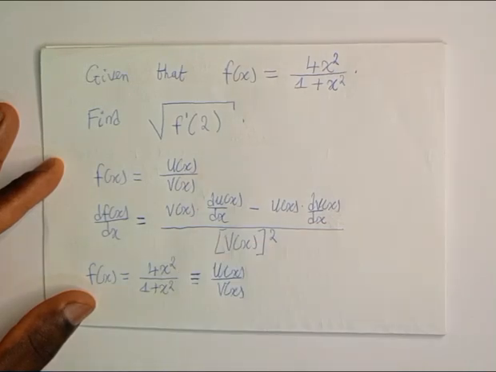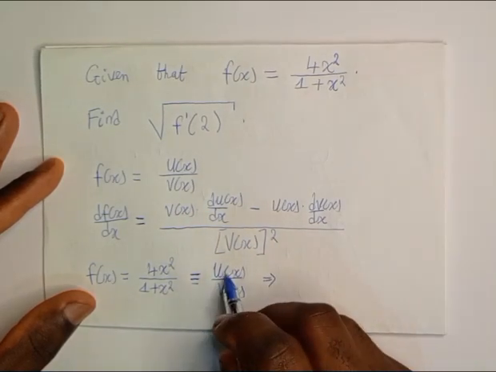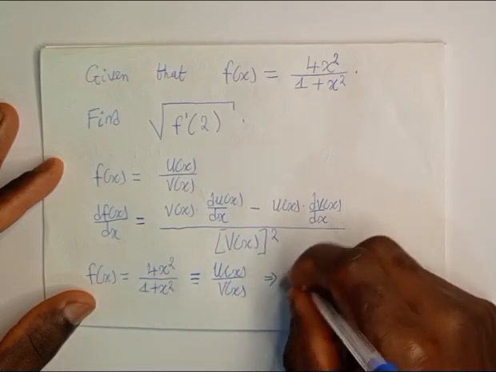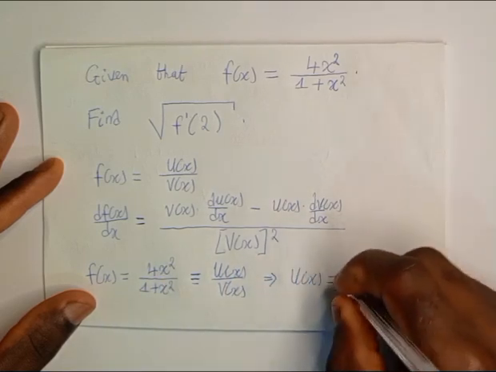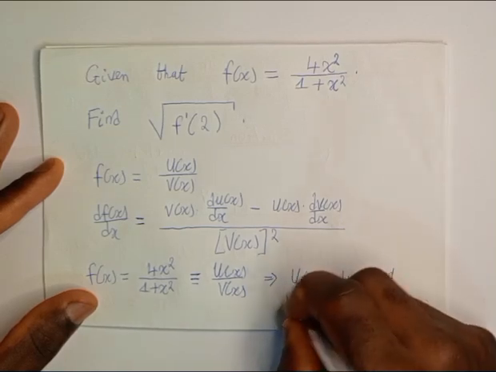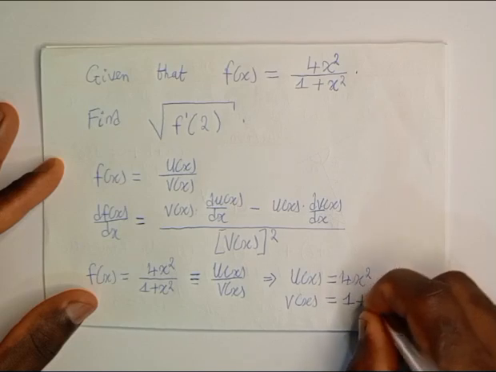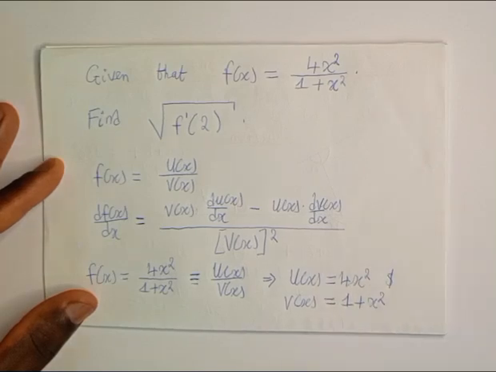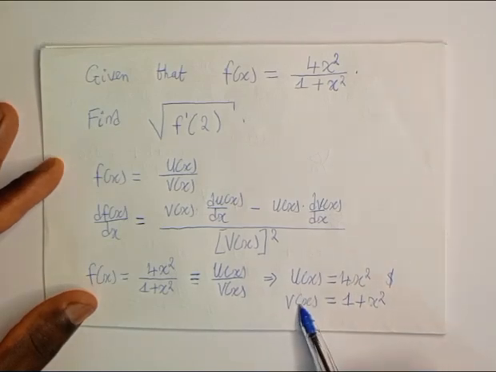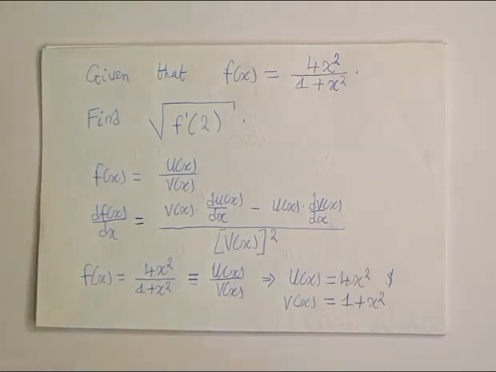Then u of x is the numerator, which is 4x squared, and v of x is the denominator, which is 1 plus x squared. We know u of x and we know v of x. Now let's find their derivatives with respect to x.